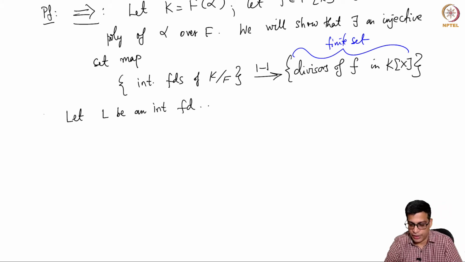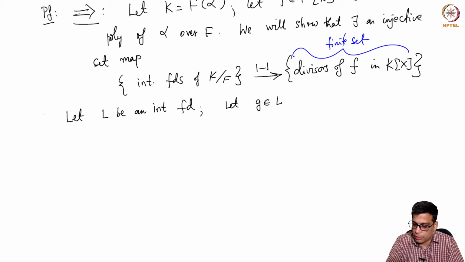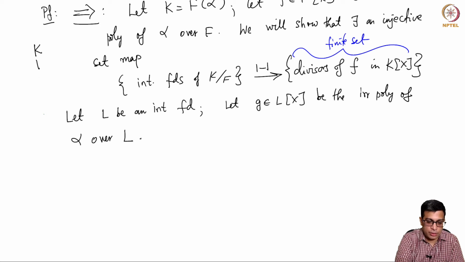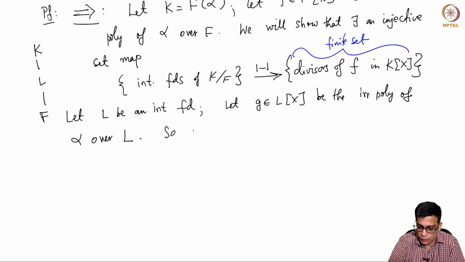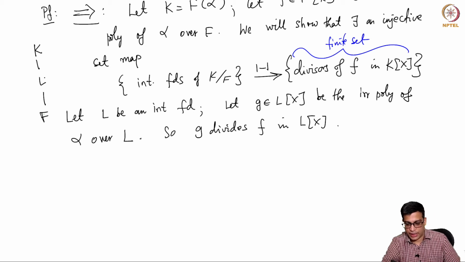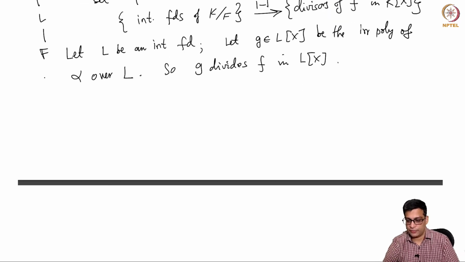Then let g be the irreducible polynomial of alpha over L. So you have K, L, F. f is the irreducible polynomial over F. g is the irreducible polynomial over L. So of course g divides f in L[x], because f is already in F[x], so it's in L[x]. So g is the irreducible polynomial, so g divides f.